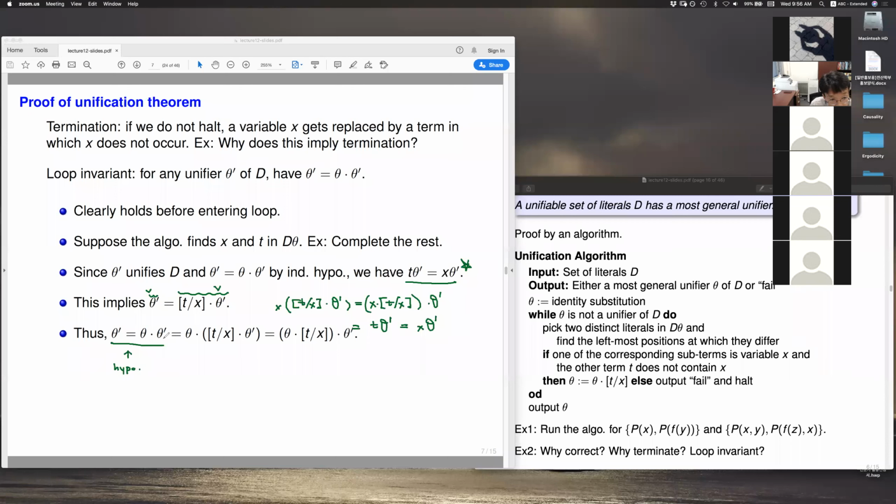This fact tells us we can replace theta prime by the substitution followed by theta prime. That's what we begin with in the next term. Now, this dot is a function composition, so it satisfies associativity. If you rearrange the parentheses, this is what we get. Let's erase this.